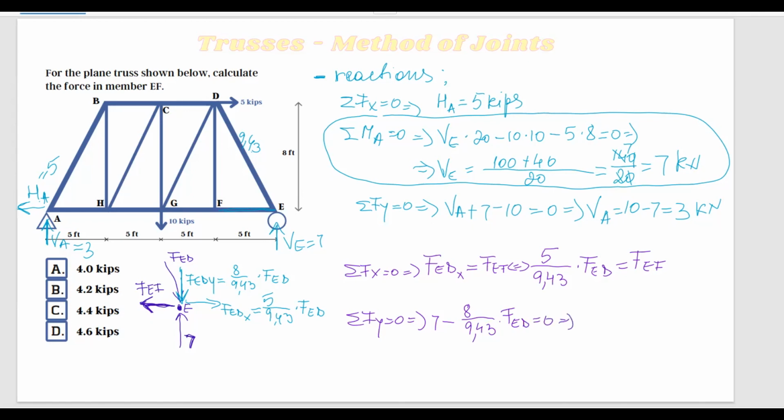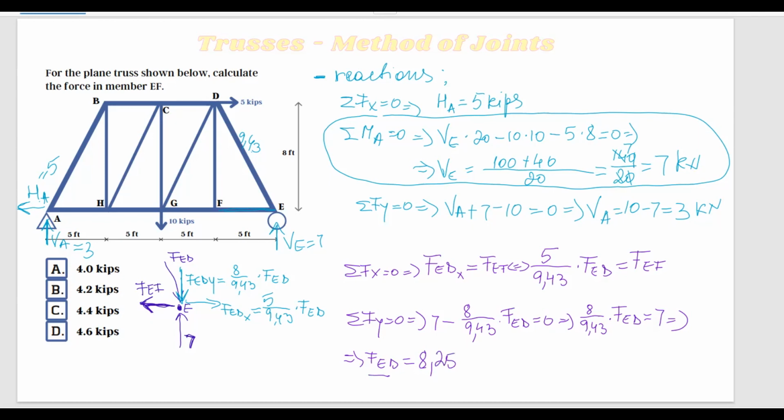And from here, we can say that 8 over 9.43 multiplied by FED equals 7. And from here, we can calculate the FED force. FED is equal to 9.43 times 7 divided by 8. So I get FED as 8.25.